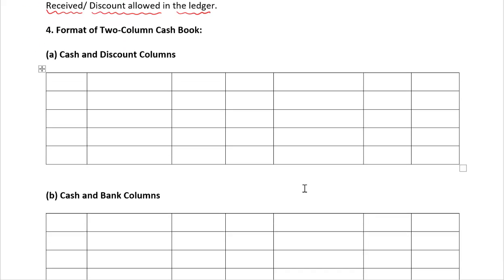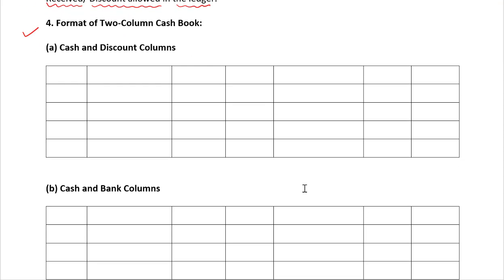Let's continue further. Let's see the format of double column cash book. So we have date over here. We need to show cash and discount column. Over here we have receipts. We have cash, discount allowed on the debit side.